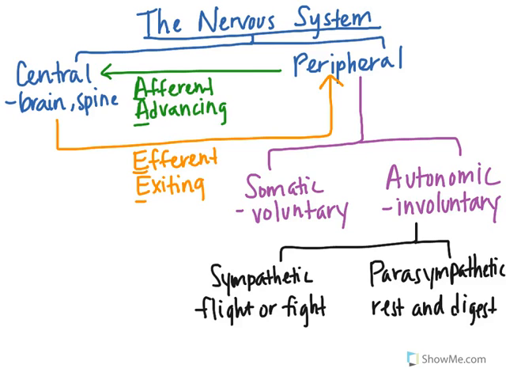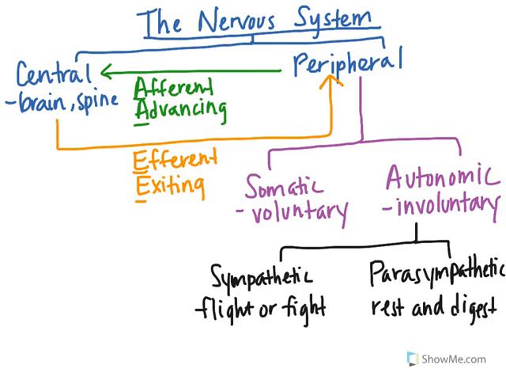The PNS is divided into the somatic and the autonomic divisions, so actions you can control in the case of somatic, and actions you cannot by the autonomic. And then finally, within the autonomic nervous system, you have two divisions, the parasympathetic and the sympathetic, which are more or less active depending on how stressful a situation is.